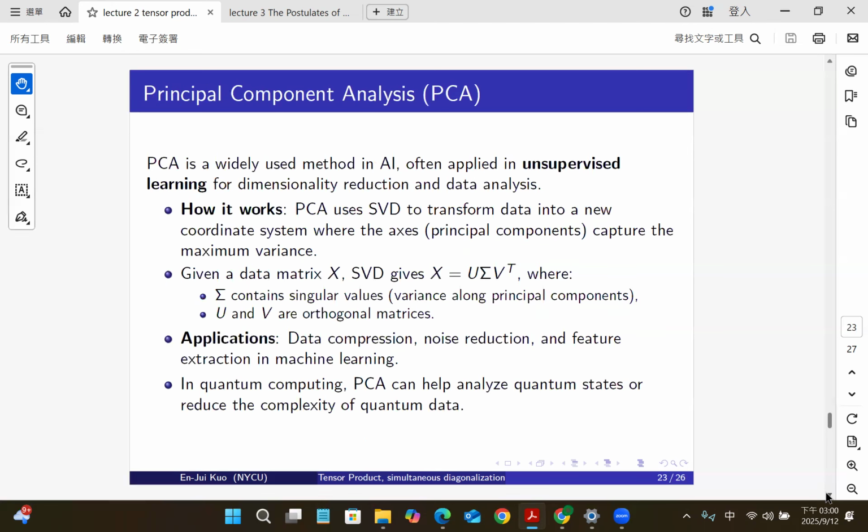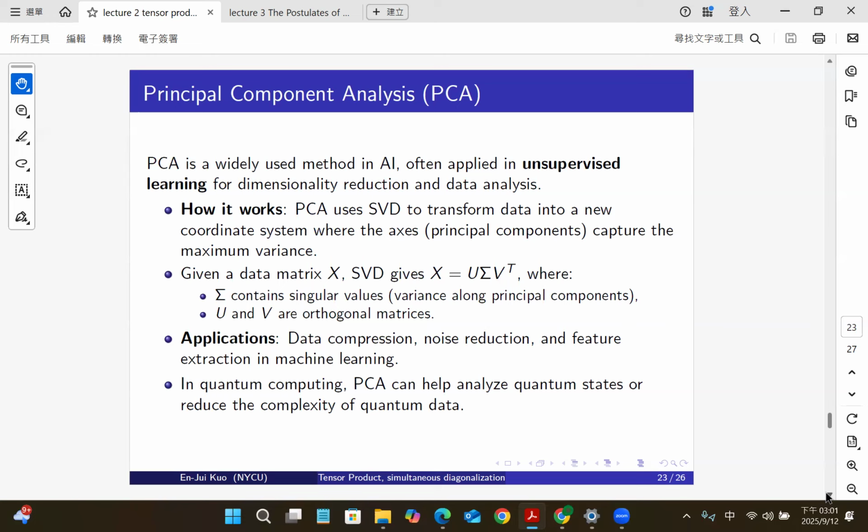Okay, so maybe you know some machine learning, right? So first, one of the simplest unsupervised learning methods in machine learning is called principal component analysis. This is not related to the course, but if you know machine learning, there's an algorithm called PCA.